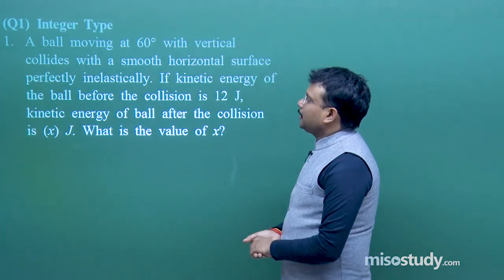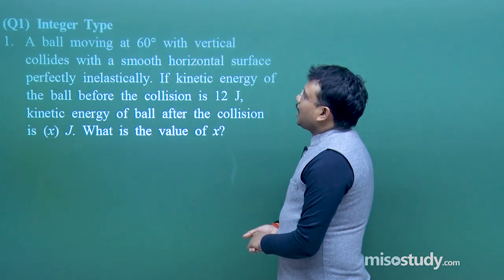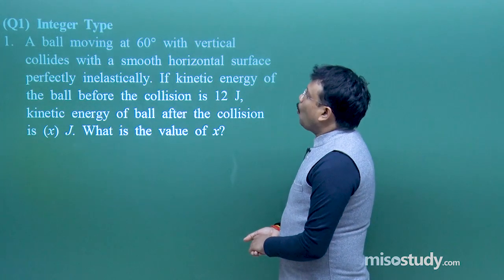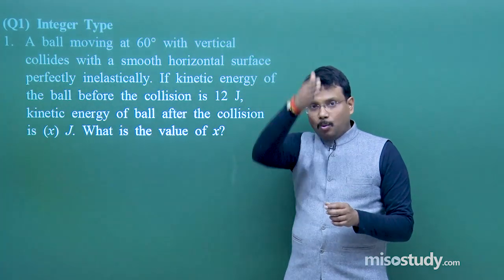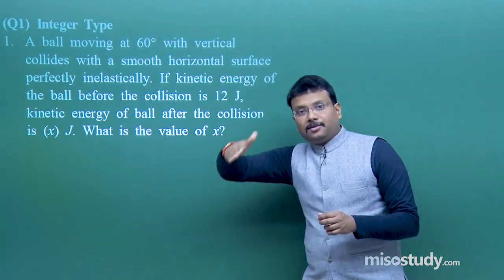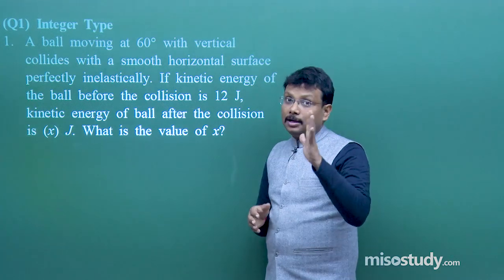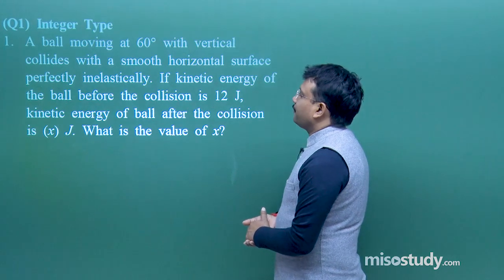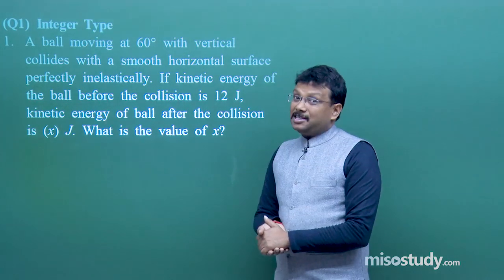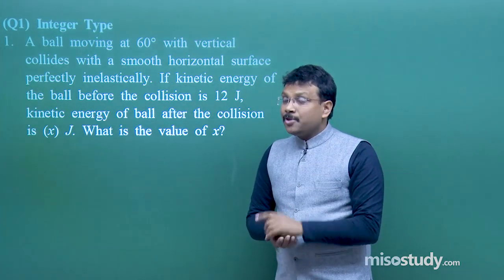So here is one question. A ball moving at 60 degree with vertical. With vertical means this is the vertical line, the ball is moving like this, fine, the angle is from vertical. It collides with a smooth horizontal surface perfectly inelastically. Inelastic collision means what?